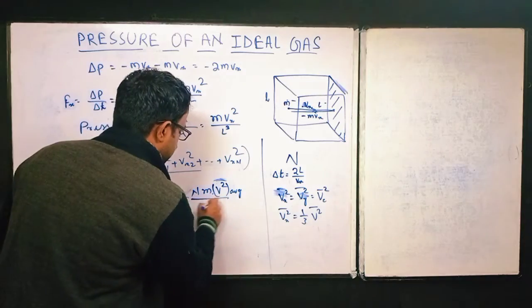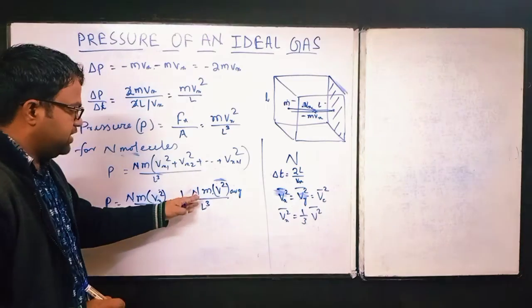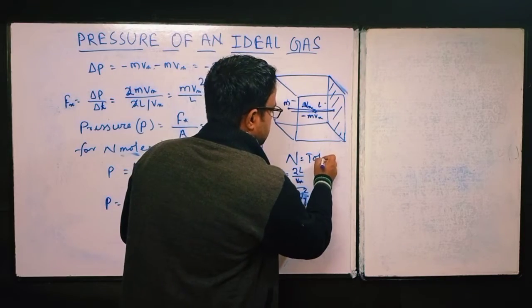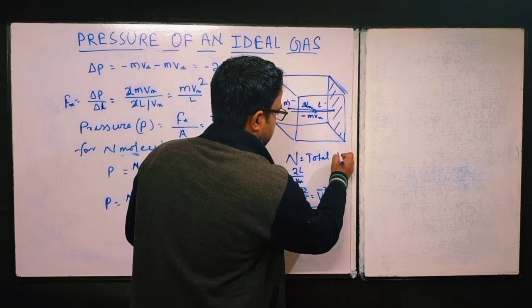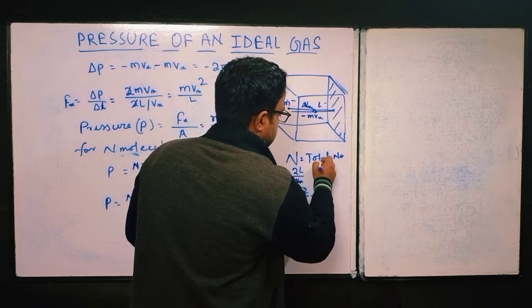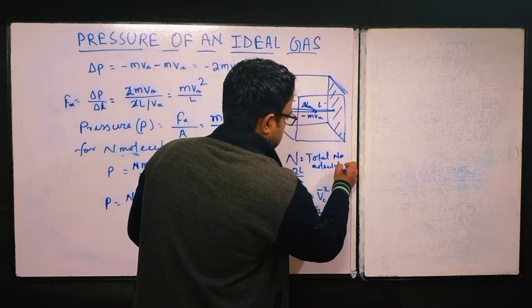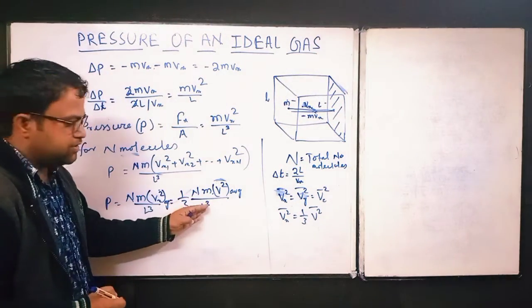by L cube. L cube is basically the volume. So N is the total number of molecules present in this box, so N by L cube is the number of molecules per unit volume.